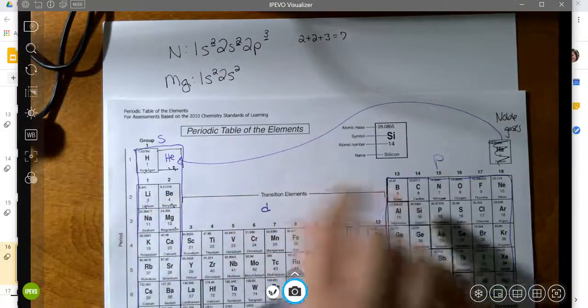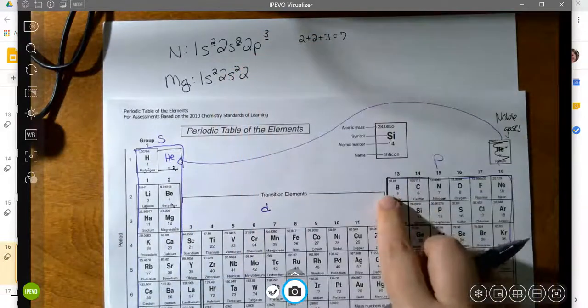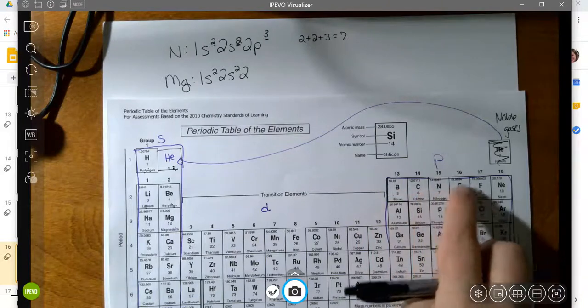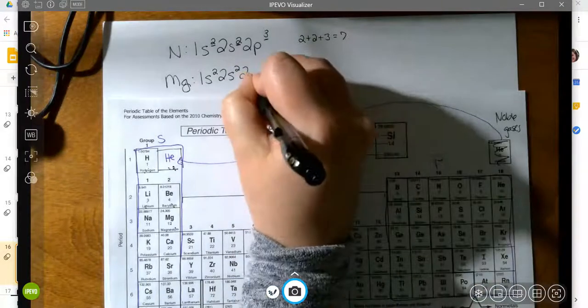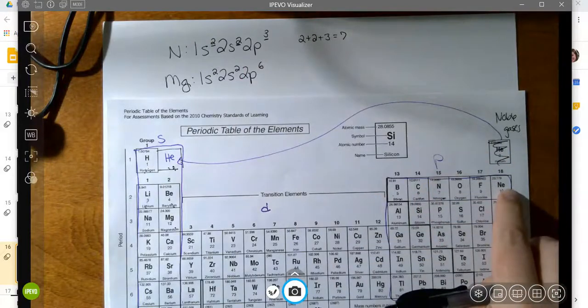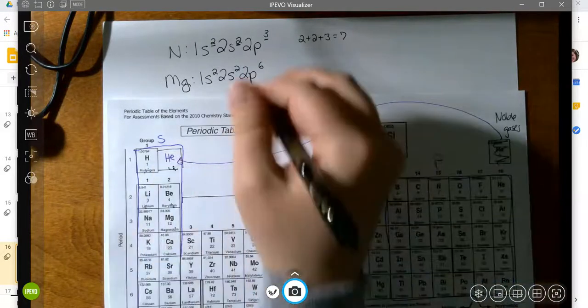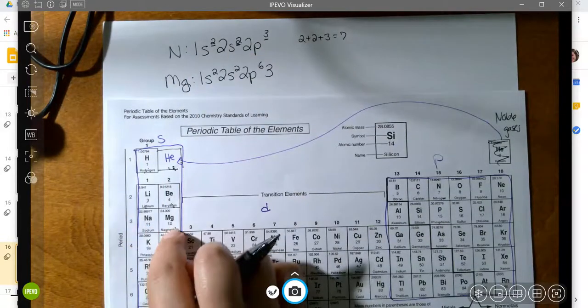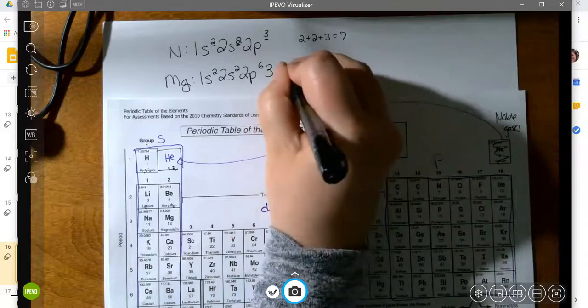So now I come over here. I'm still in period 2, but now I'm in the P block. So how many squares do I go? 1, 2, 3, 4, 5, 6. So in 2p, I'm adding 6 electrons. Still haven't gotten to magnesium, have to keep going. So now I'm in period 3. I'm back in the S block. And how many squares do I go to get to magnesium? I go 2.